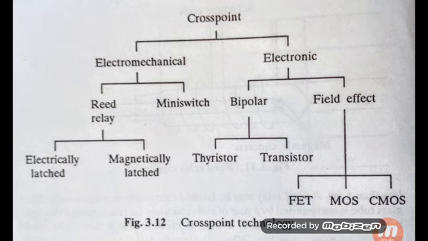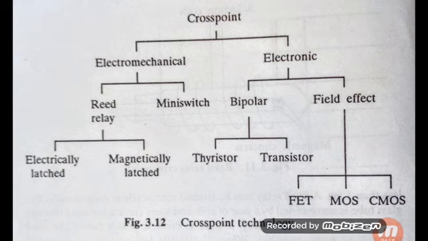Reed relay is again classified as electrically latched and magnetically latched. Latching means it will form a group. Next, electronic crosspoint is also classified into two types, bipolar crosspoint and field effect crosspoint.